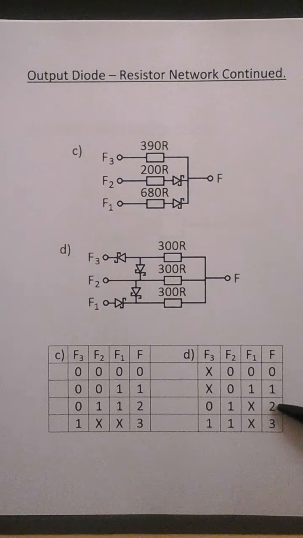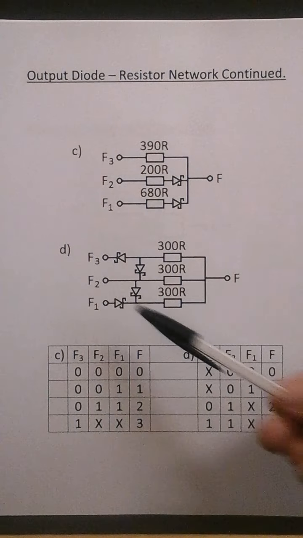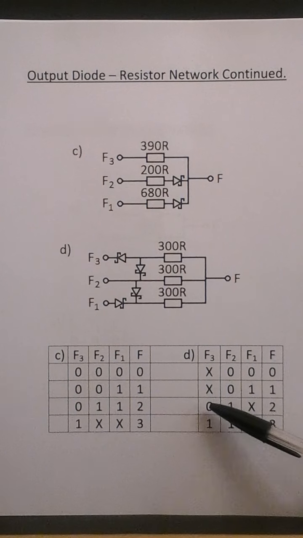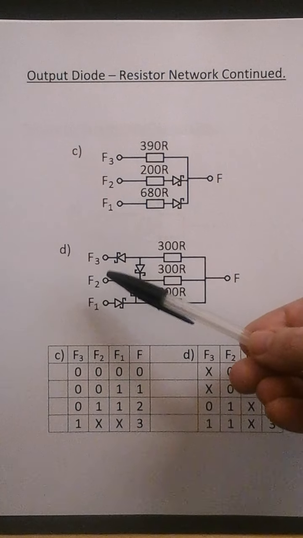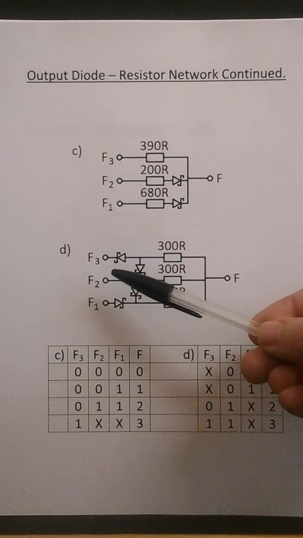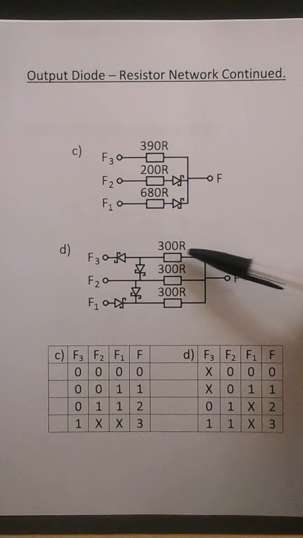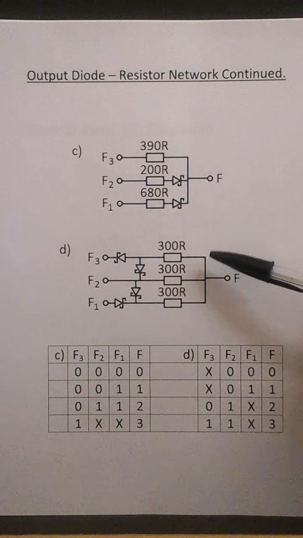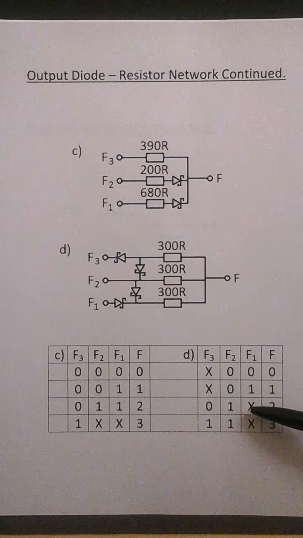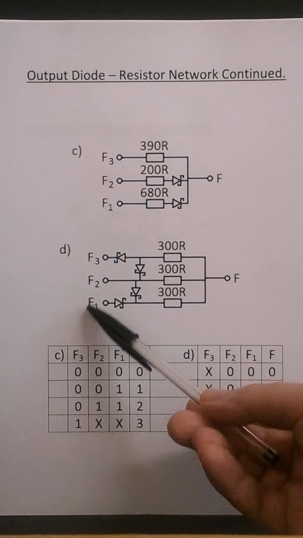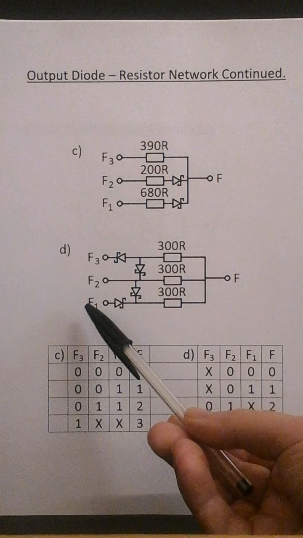For quaternary logic 2, F2 is a 1 and F3 is a 0. So current flows through that resistor and through that resistor, but it doesn't matter if F1 is a 1 or a 0, because that's reverse biased.